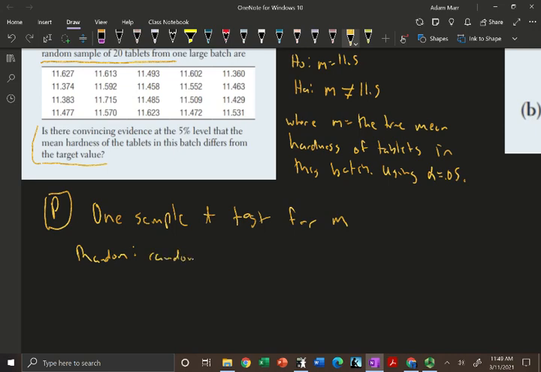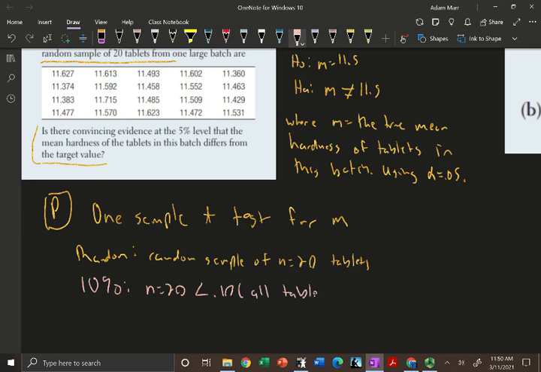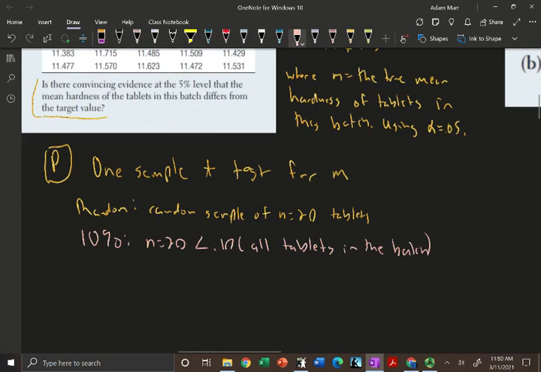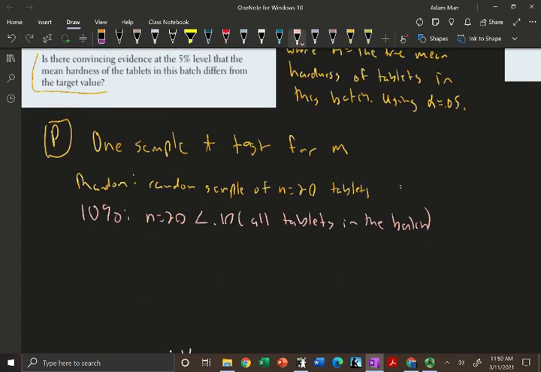So random sample of n equals 20 tablets. Let's go to the 10% condition. So n equals 20 is going to be less than 0.10 of all tablets in the batch. We're just assuming that, but I think that's fine.